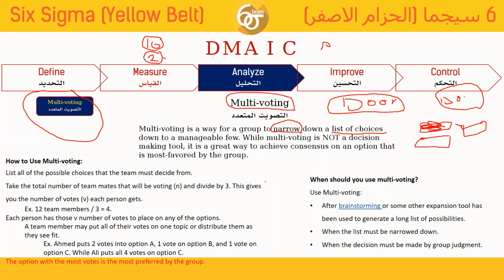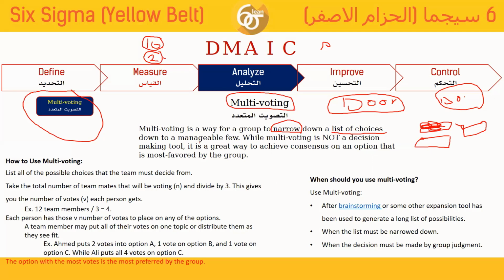So what is multi-voting? It is a way for a group to narrow down the list of choices to a manageable few. You have 10 choices; when you narrow it down to 2 or 3, it becomes manageable for you.